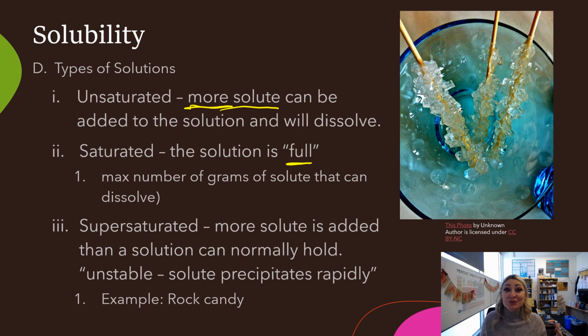So it's considered supersaturated. It's a very unstable solution, and if you were to agitate it at all, the solute will precipitate out of solution rapidly. So follow me, for example, rock candy, an example of a supersaturated solution.